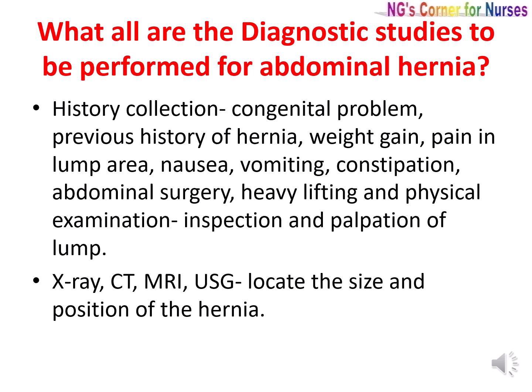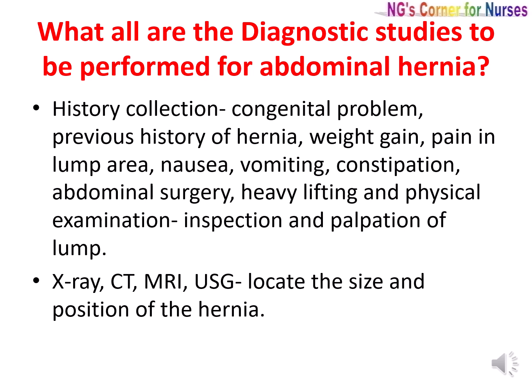What are all the diagnostic studies to be done for abdominal hernia? At first, we have to collect history and do a physical examination. We will collect history regarding any congenital problems, previous history of hernia, weight gain, pain in the lump area, nausea, vomiting, constipation, abdominal surgery and heavy lifting.